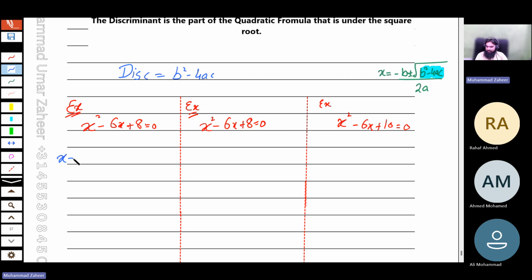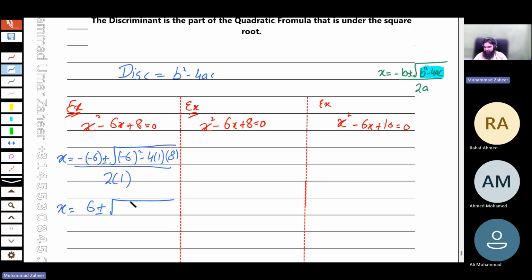We'll get that x is equal to minus b, that is minus minus 6, plus minus root of b squared minus 4ac, divided by 2a. Now 6 plus minus, 6 squared will be 36, and 4 times 8 is 32.